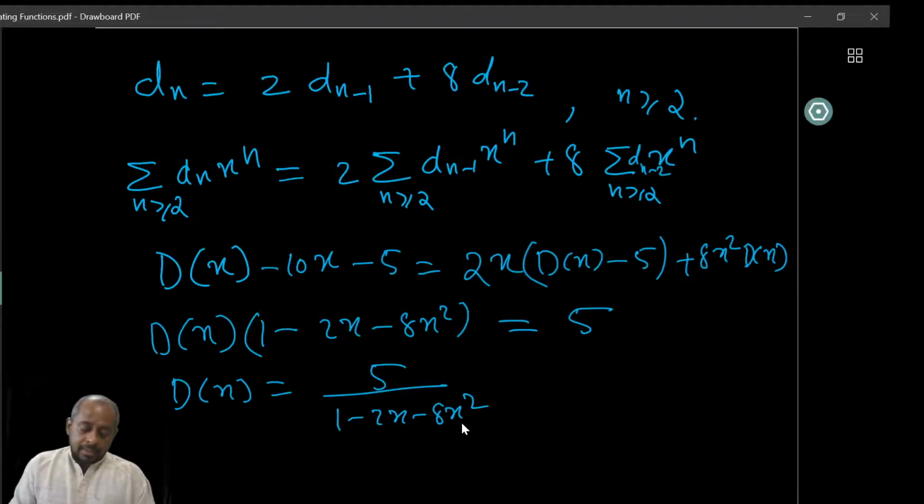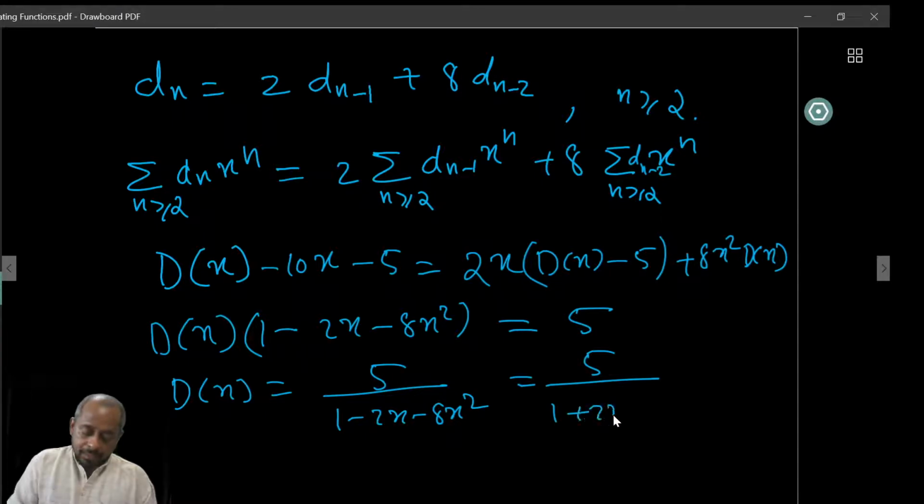Now this denominator seems to be easily factorable. So therefore it's basically 5 divided by (1 plus 2x) and (1 minus 4x).